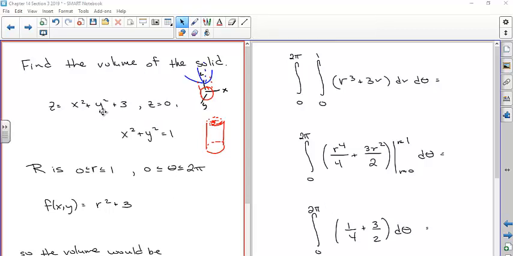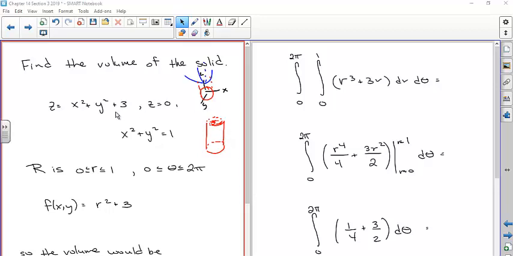Because the function describing the upper bound of the volume, this paraboloid, has x squared plus y squared, and the shape in the xy plane also has x squared plus y squared, this looks ripe for using the polar coordinate system.